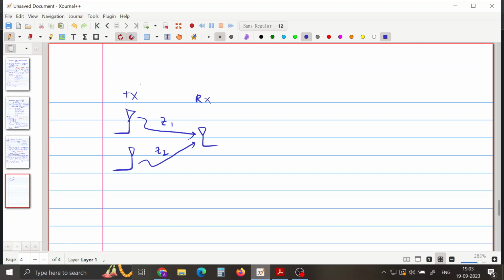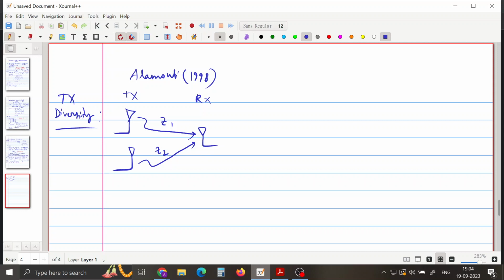Again, if you recall, this was the Alamouti Scheme, introduced in 1998. It is simple: two transmit antennas and one receive antenna. So you are doing transmit diversity here. How was the scheme basically designed?